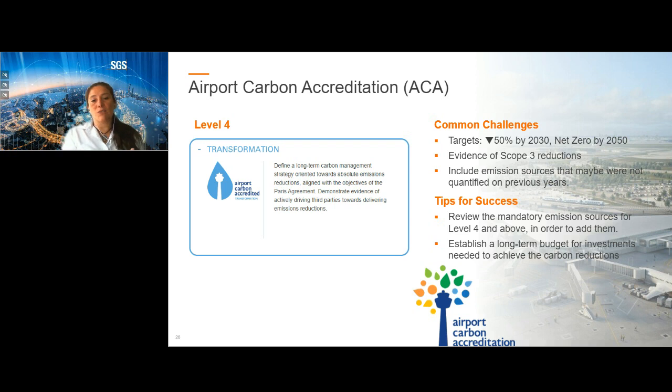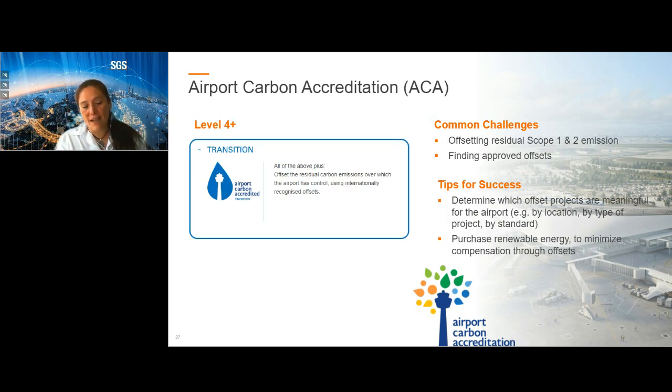Another tip for success is to establish a long-term budget, because reducing emissions could be expensive. So if possible, look long-term as well. Your budget needs to be aligned to the scenario. So if you have targets to be carbon neutral in 2035, then we need to see that your long-term financial budget also covers that period.